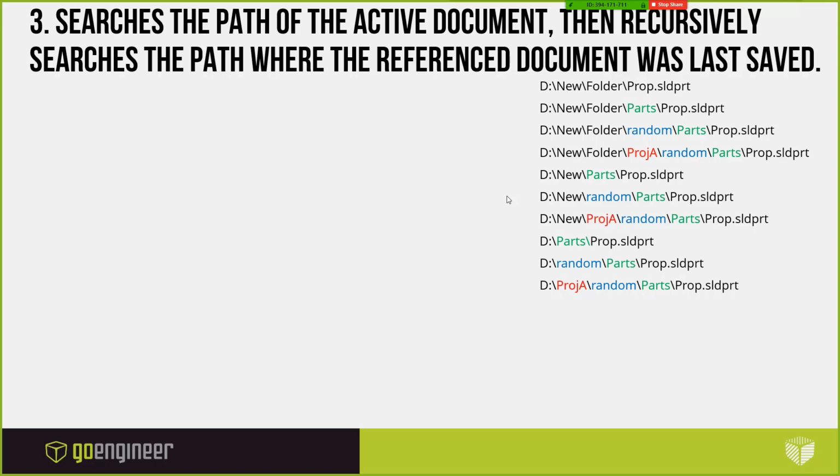So what's going to happen right here is we're looking for the prop file in a new folder, and we're not going to find it there. So SOLIDWORKS is going to go through all of these little processes of searching within the folders that it was last found, and then try to go to different locations in your computer with that same folder structure.